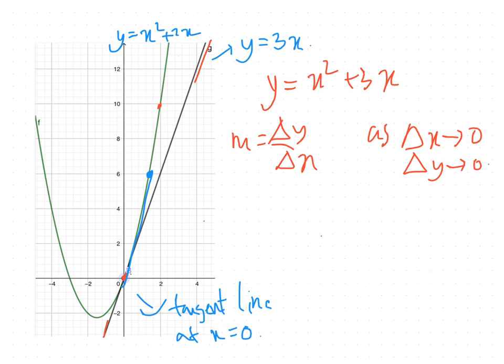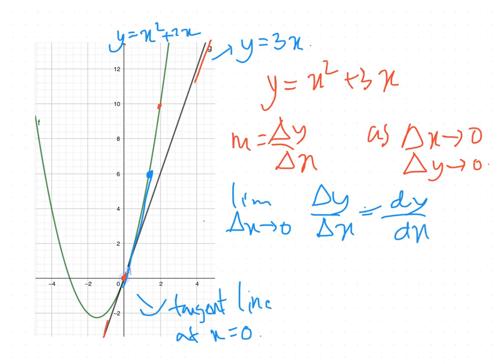But at a certain point, when the delta x goes to 0, we call it the concept of limit. The ratio, or the gradient, we call dy dx, because it's so small. Rather than writing the limit as delta x goes to 0, let's make another symbol. That's what mathematicians do.